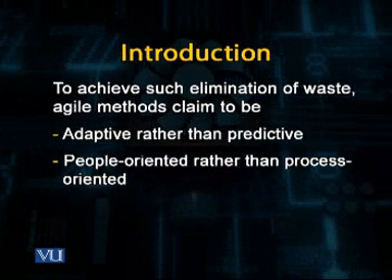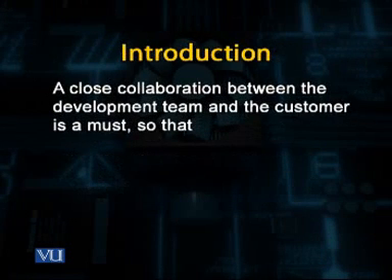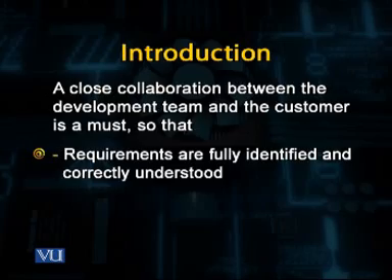Also, when you have a people-oriented approach, close collaboration between the development team and the customer is a must, so that the requirements are fully identified and correctly understood. There is again a very important thing to be remembered, and that is that the delivery of products is in shorter cycles, smaller iterations and smaller increments.